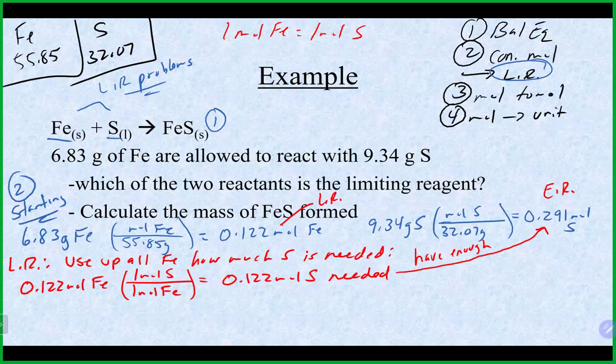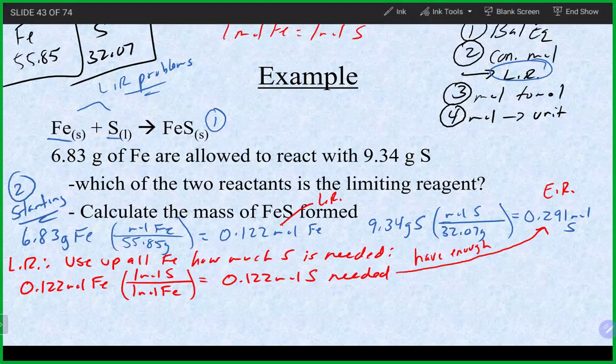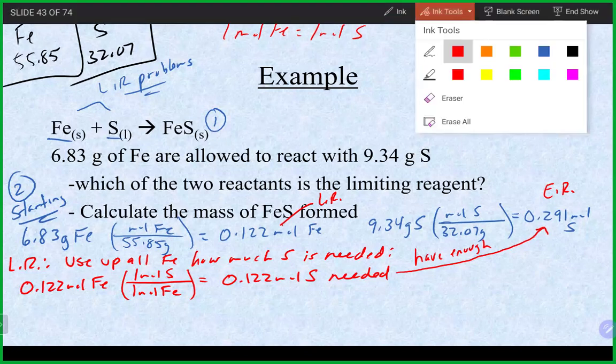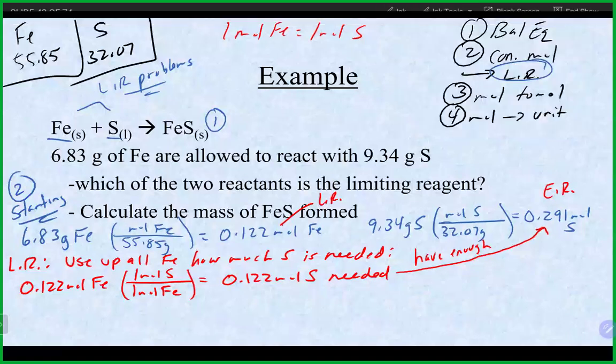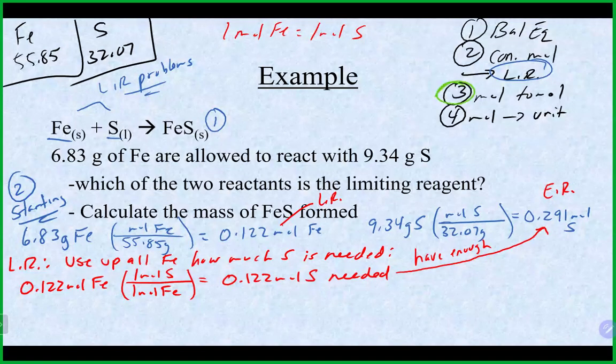Okay, so now that I've determined which one's my limiting reagent, we want to make sure that we go back now and continue on with our calculation. But we do want to make sure that for step number 3, we go back and use the starting amount here of our limiting reagent. So we're going to then do step number 3, which is 0.122 moles of iron.